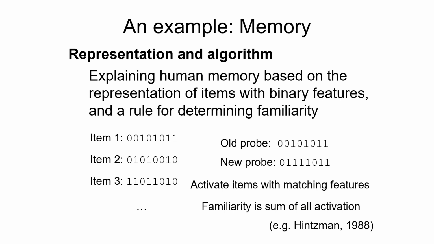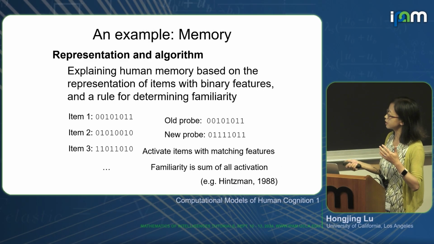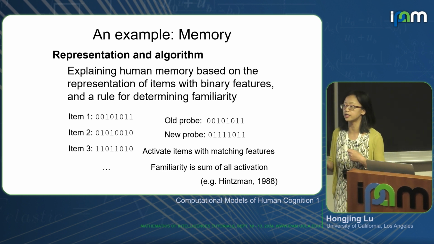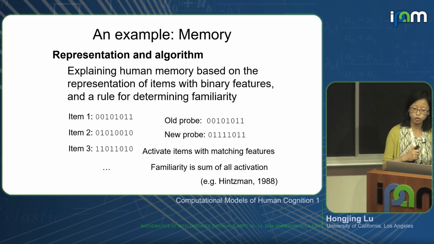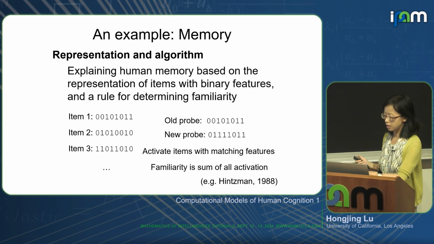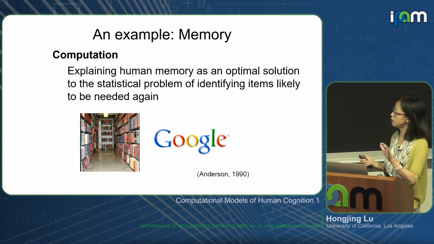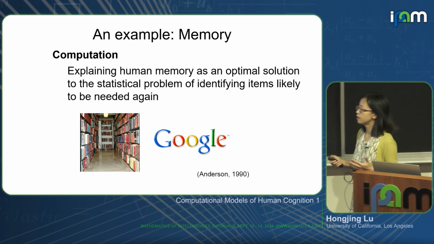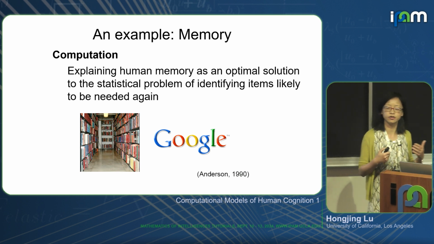So you can assume, now I'm trying to remember all these items. Now I can use this specific encoding mechanism to encode the knowledge about each of these items. And then we can form this item based upon the matching features to determine how likely I will succeed in retrieving this information and so on. So finally, with the same memory system, you can also build computational models to explain why we actually forget things.